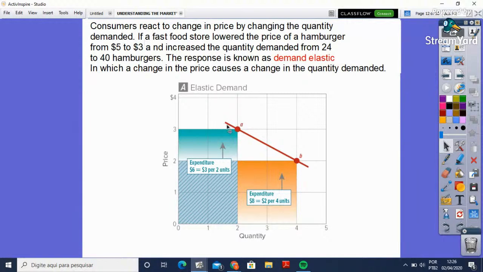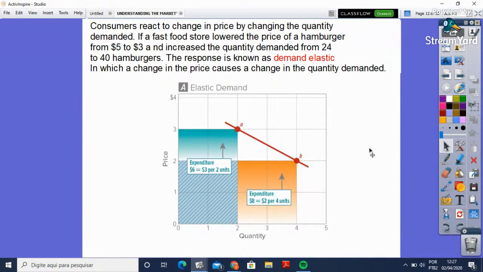So there is a big gap here. It really stretches. Okay? This is known as elastic demand. And this kind of elastic demand we can see in cases where we can substitute what we need, like food. You go to your favorite restaurant, it becomes expensive, you go to a second restaurant. This is what I call elastic demand.